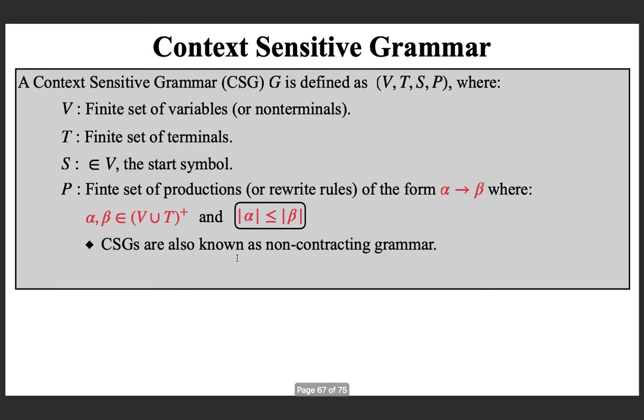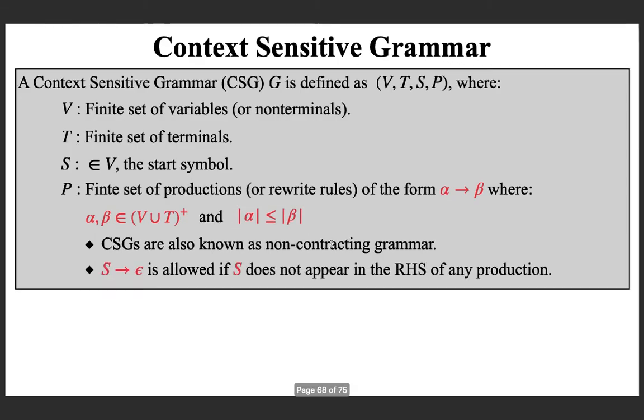And hence the grammar is also known as non-contracting grammar or non-decreasing grammar, because you cannot decrease the length of a string by applying a production in the derivation process. As a special case, the start symbol is allowed to have the epsilon production, provided the start symbol does not appear in the RHS of any production.